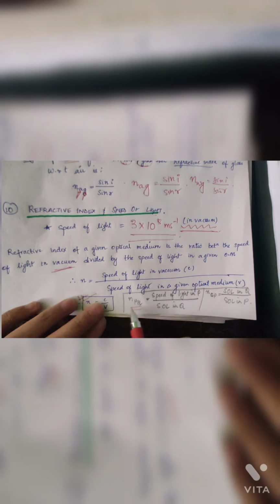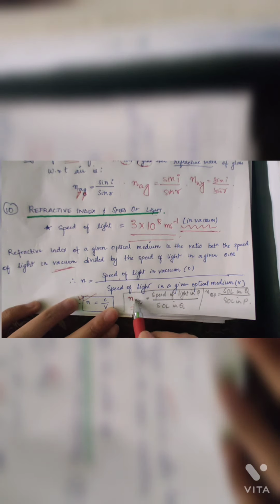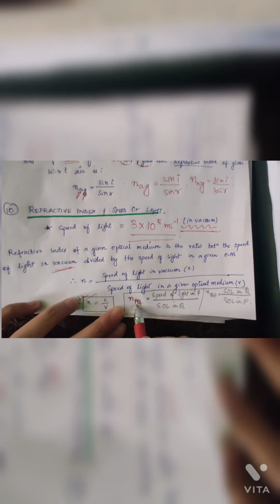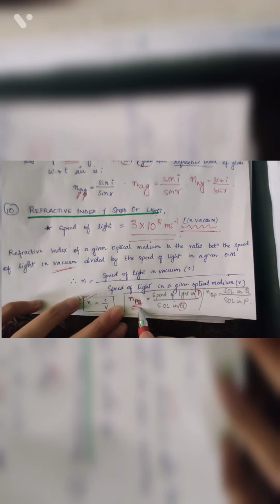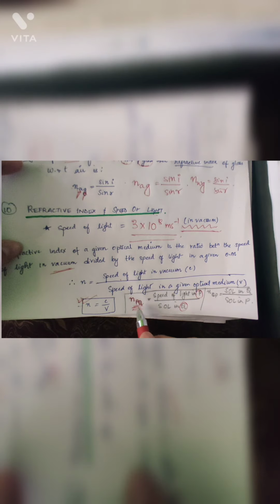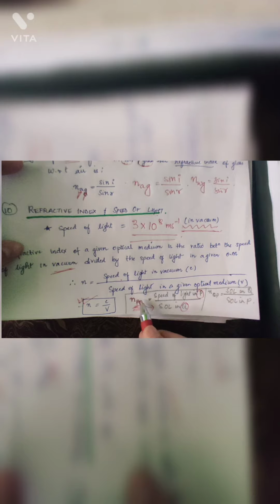Remember this one, also very important. If they ask you about the refractive index in terms of the speed of light, it will be the speed of light in vacuum by the speed of light in a given optical medium. Now this is also very important. Suppose there are two terms, P and Q. If it is written n P Q, this P is first, so it will be the speed of light in P divided by the speed of light in Q. P will be up, Q will be down.